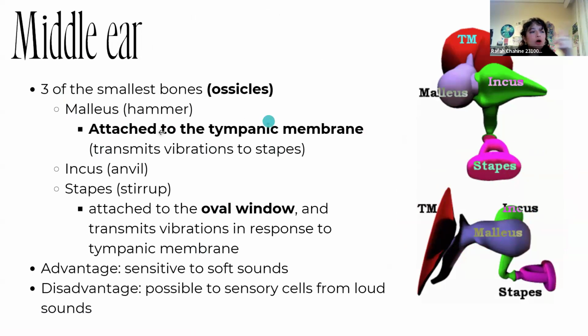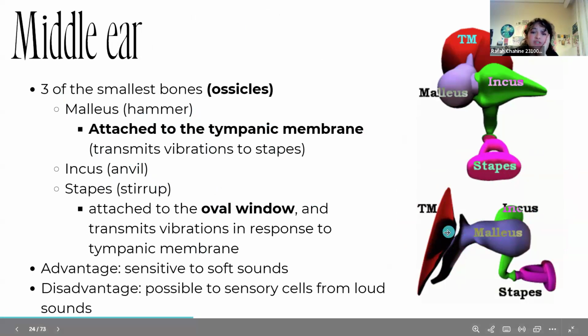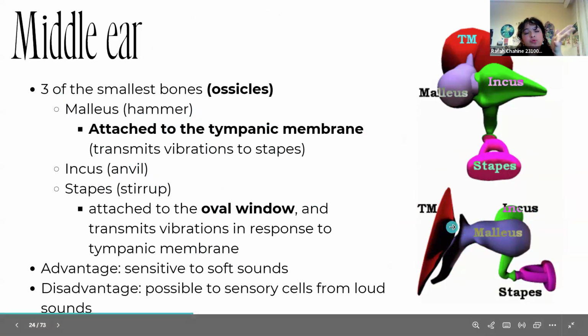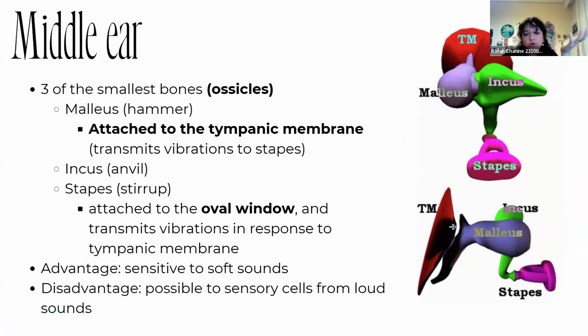All of them are named after tools because they look like tools, okay? The malleus is also known as the hammer because it looks like a hammer, and that is the one that is attached to the tympanic membrane, and that is the one that we visualize the impressions for, yes? The umbo, the handle, and the lateral process. Attached to the malleus, we have the incus or the anvil.